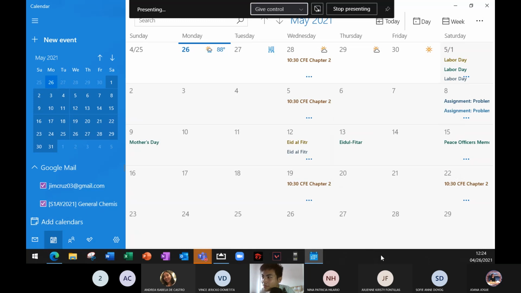Ay, hala, malapit na pala finals. Ito na pala yung finals week, 17 to 22. Hindi pwede natin maano yan. Dapat tapusin na natin pala 'tong last part.